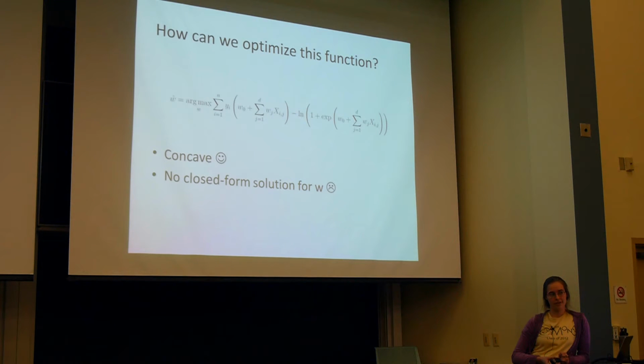An example? I don't have an example now. If you wanted, we can talk about it later if you wanted to try to differentiate that and solve for w. You'll probably get frustrated, but the good news is no one's been able to solve for the gradient of that set to 0.